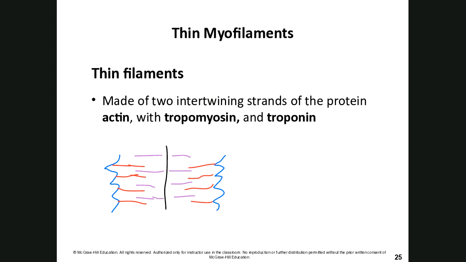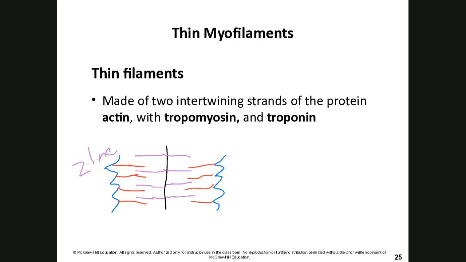So at the H band, that's where we only have thick filaments. So I just wanted them to connect right there. So we have our Z lines out here. And forgive my handwriting, it's difficult writing with the mouse.